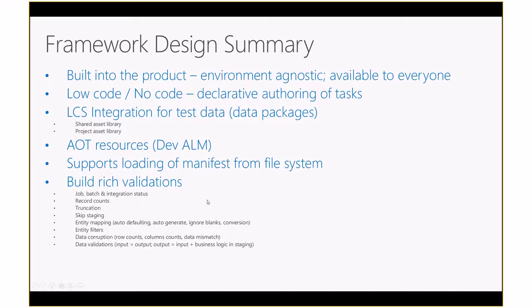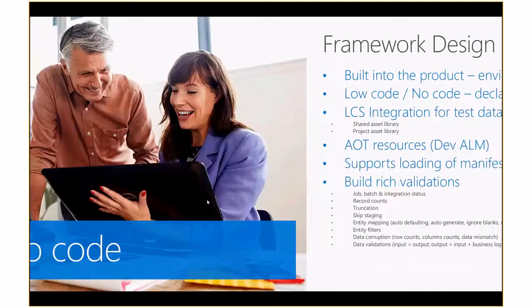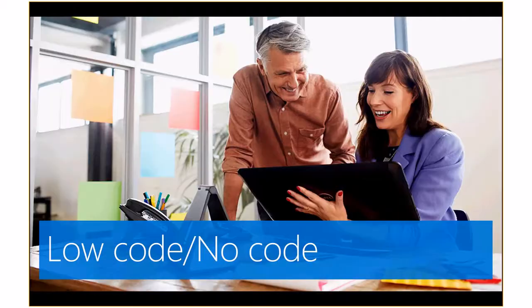Now let's take a look at the low-code, no-code concept and how the manifest looks like. So at a high level, the XML manifest has two big groups. One is the shared setup group.